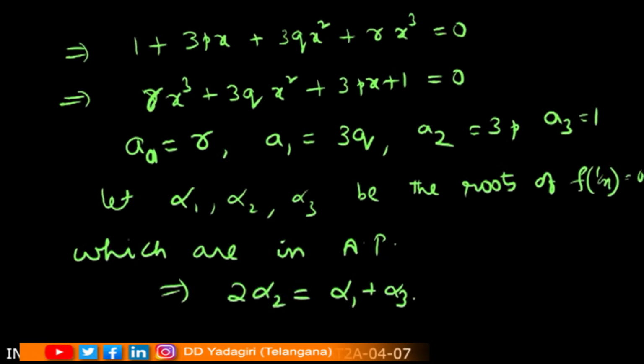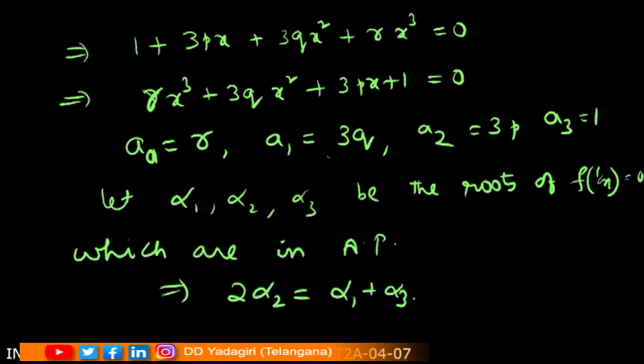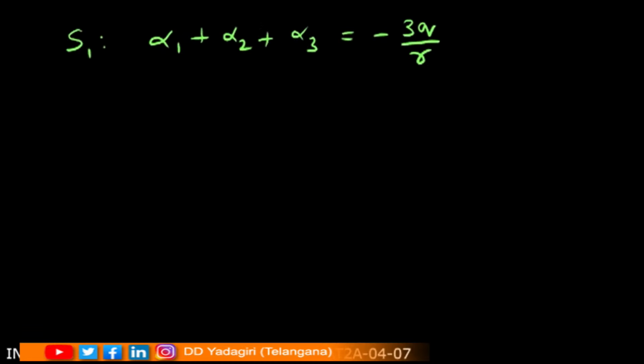So, what is S1 now? Alpha 1 plus alpha 2 plus alpha 3 is equal to minus A1 by A0, which is minus 3q by r.